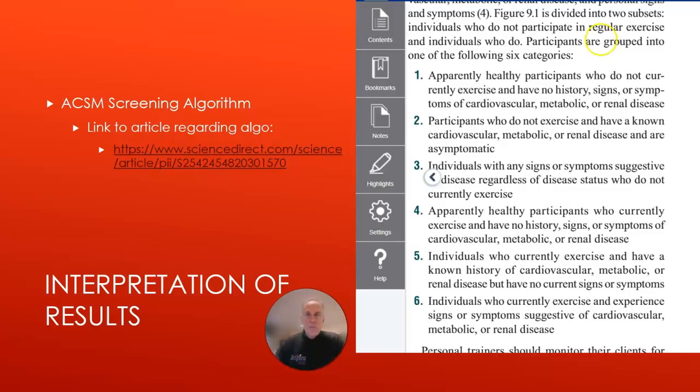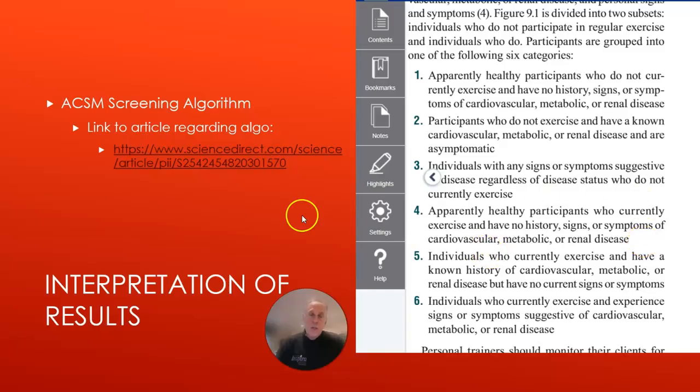The way this breaks out is on the left side, you have apparently healthy participants who do not currently exercise, and individuals with signs and symptoms who do not exercise. So notice those three are all do not exercise. These three currently exercise. So you break it out into people who do not and who do exercise.